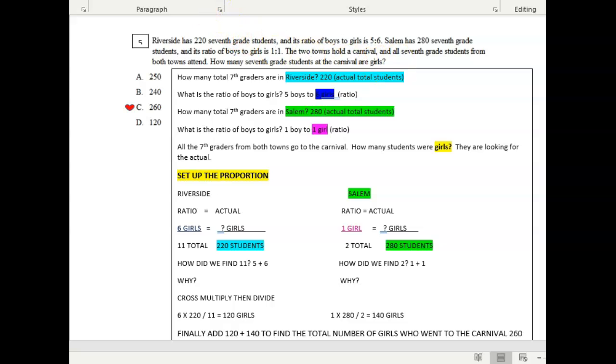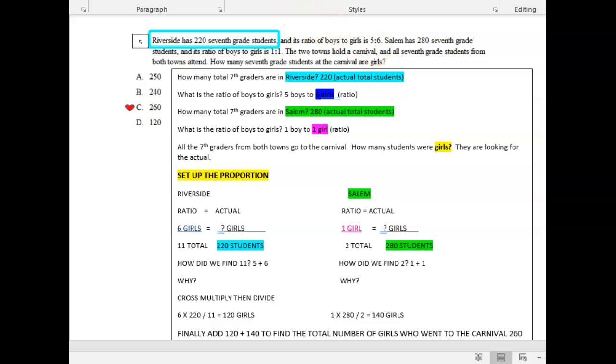Now, let's go ahead and unpack this problem. Riverside, a town, has 220 7th grade students. I'm going to use blue for Riverside. Actually, we're going to use turquoise for Riverside. And its ratio of boys to girls is 5 to 6.